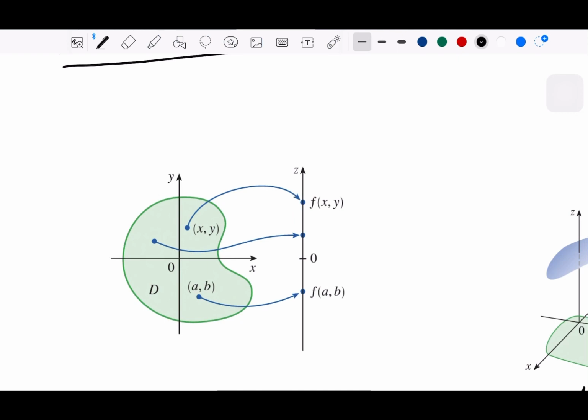So we are going to input two variables, and I think the best way to describe this is if we have three dimensions, like we have three axes, and if we put a point, an x, y point, then we will go through this f(x, y), which is on the z-axis. So we can have a domain within the xy plane, and the range will be in terms of z.